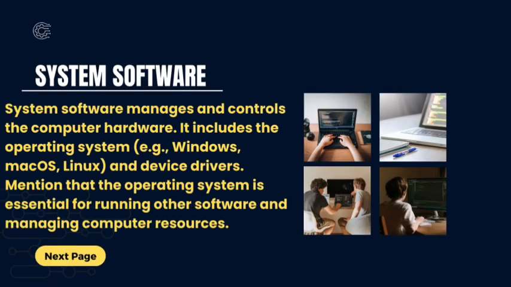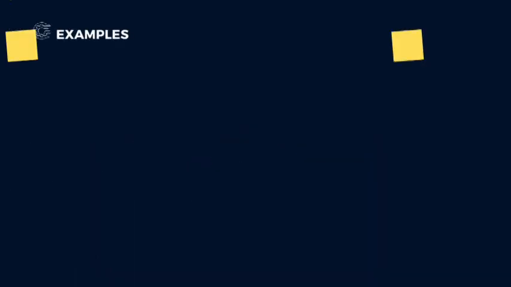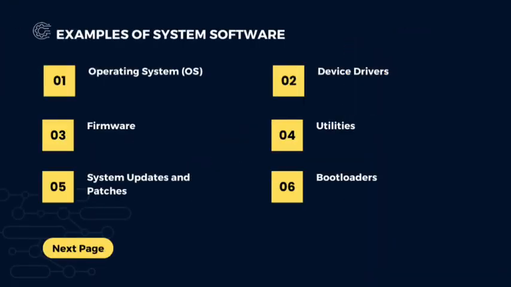The system software basically manages and controls the computer hardware. The system software includes the operating system and device drivers to enable the computer to run properly. So the software responsible for the normal operation of the computer is the system software.